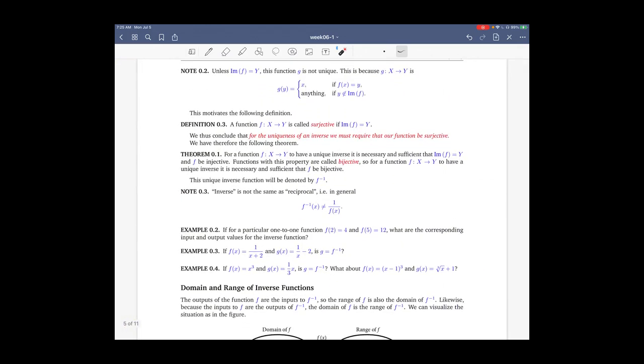That brings us to an important definition. These functions whose images are equal to their codomains are called surjective. If the image or range of f is the entire codomain, the function f is called surjective. And a necessary condition for uniqueness of an inverse is that the function be surjective.